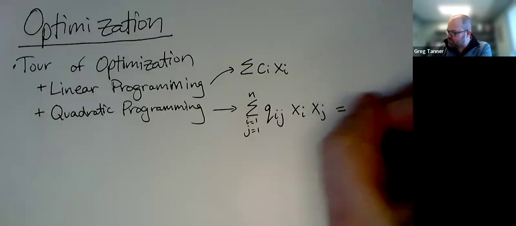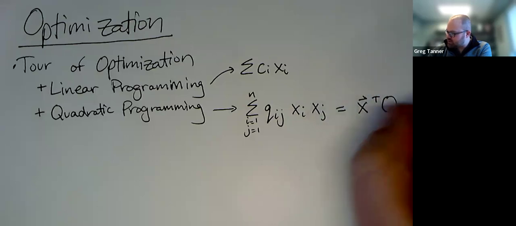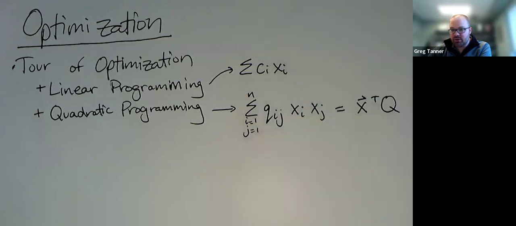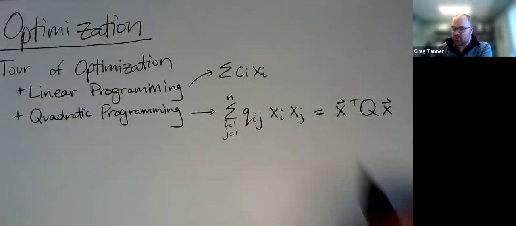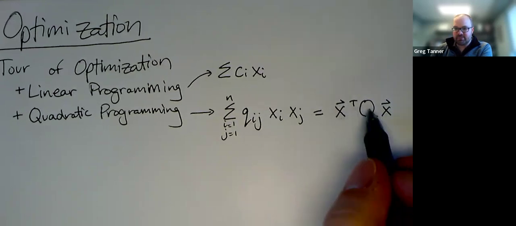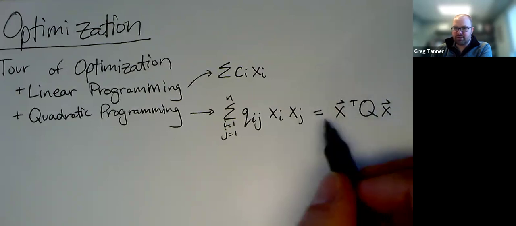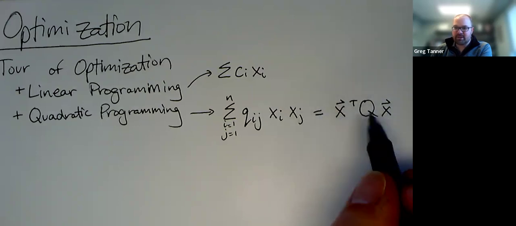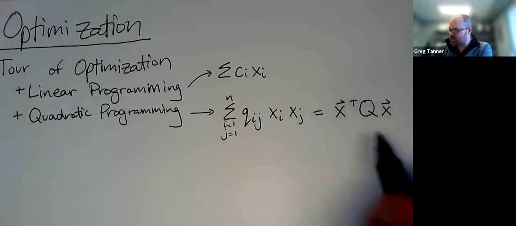In matrix vector form, this is often written as the x vector transpose times a matrix of all of these q coefficients times the x vector again. So this is a row vector times matrix times column vector, which ends up giving you just a number. This is a 1 by n times an n by n times an n by 1, which gives you a 1 by 1. And so that will just give you a number.